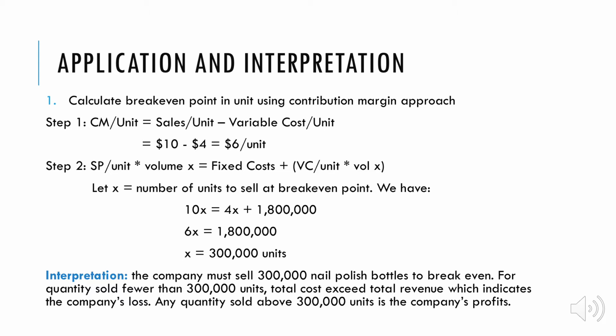Substituting the value into the equation of step 2, we would get x equal 300,000 units. So what does this number tell us? It means that the company must sell 300,000 nail polish bottles to break even. For the quantity sold fewer than 300,000 units, the total cost exceeds the total revenue, and it indicates that the company lost. Any quantity sold above 300,000 units, the company generating profits.